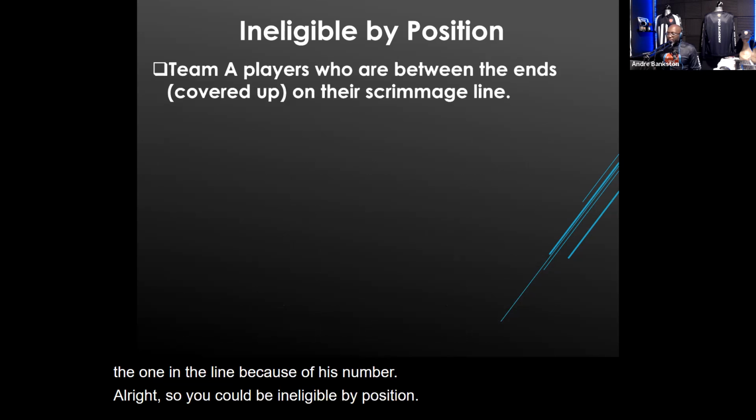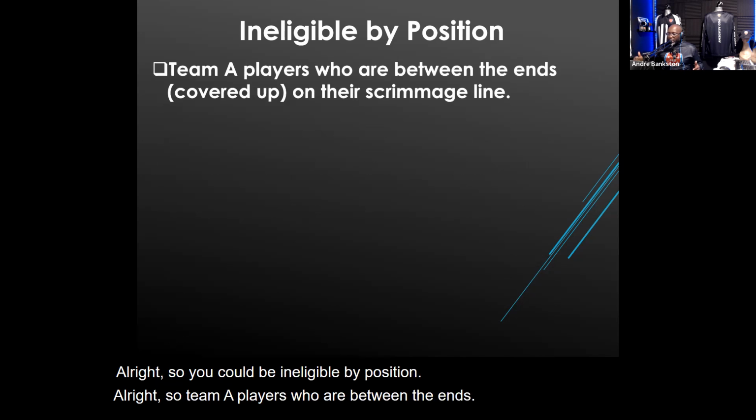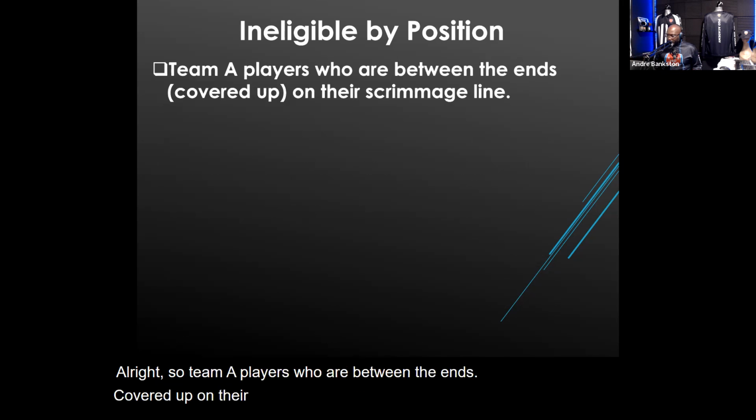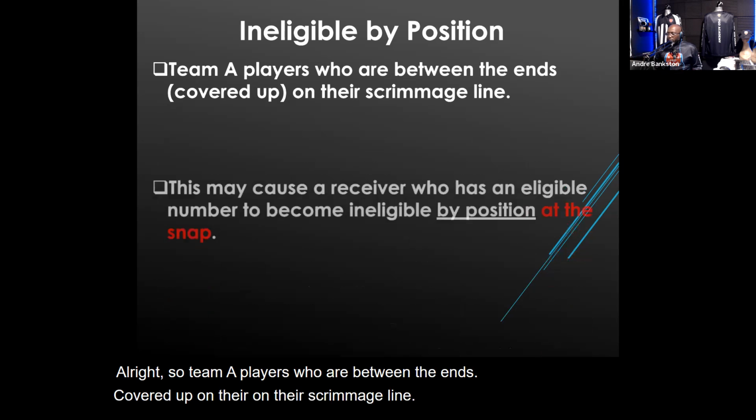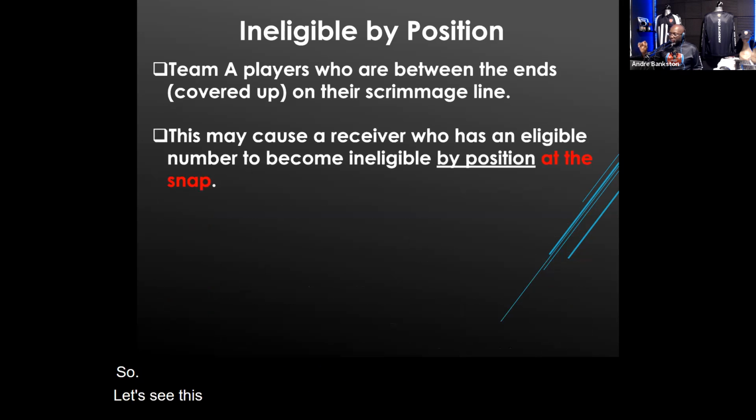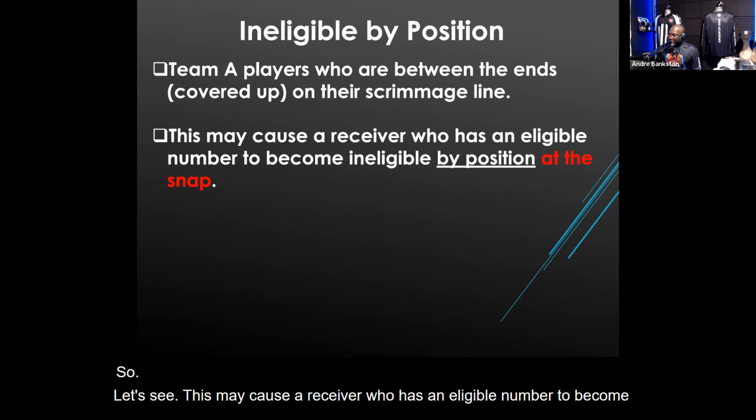All right, so team A players who are between the ends covered up on their scrimmage line. This may cause a receiver who has an eligible number to become ineligible by position at the snap.